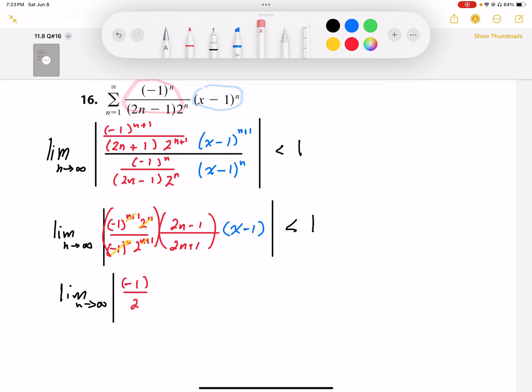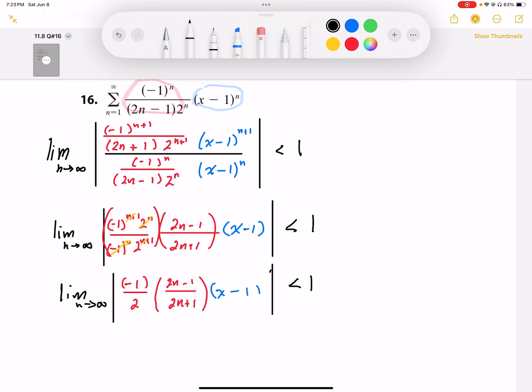I'm just going to keep track of that, but we know that it ends up being 2 divided by 2, which is 1. And then we have the x minus 1 part of that, and that's all going to be less than 1.